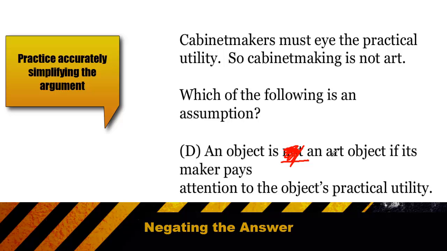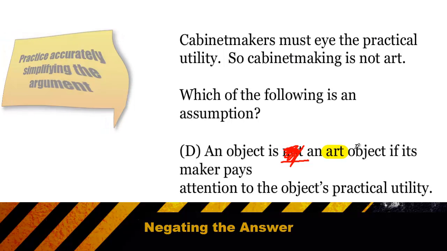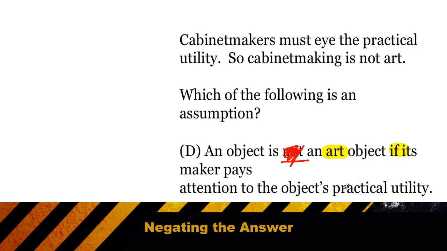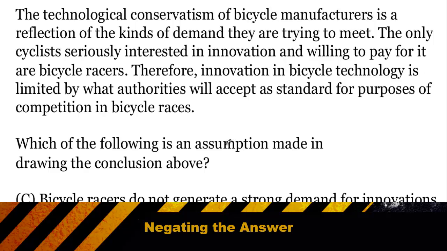Now I can see that statement says something is art if it has practical utility, which directly contradicts the idea that cabinet making is not art because it has practical utility. So that's how I know D had to be true the way it was originally written before I crossed out the not. Because when I negated that answer choice, it went directly against the reasoning that brought me to the conclusion. Let's try one more.